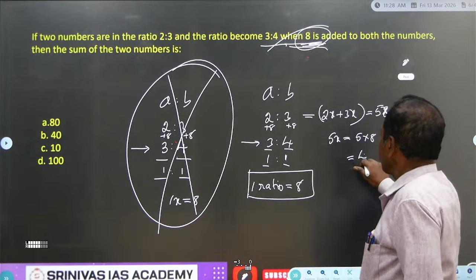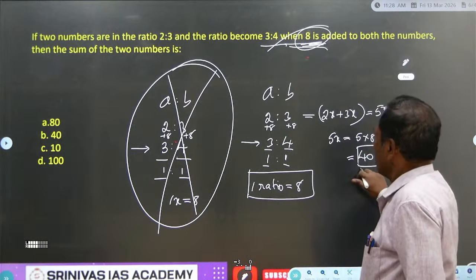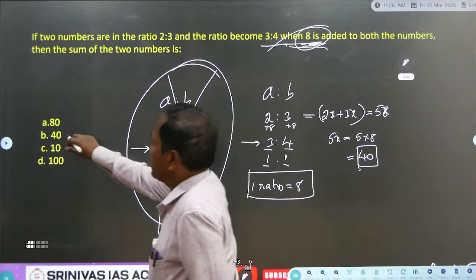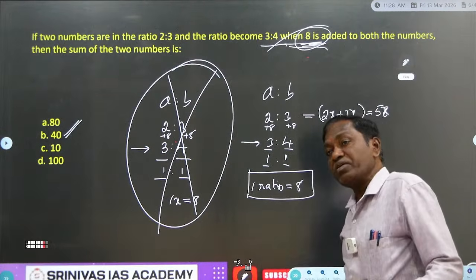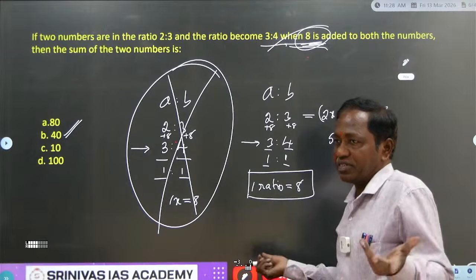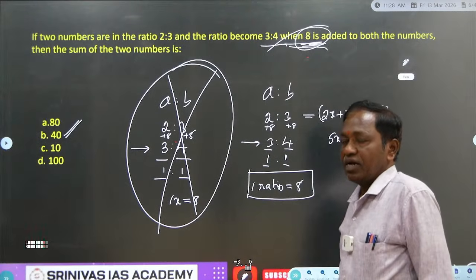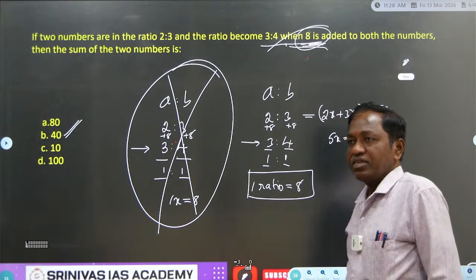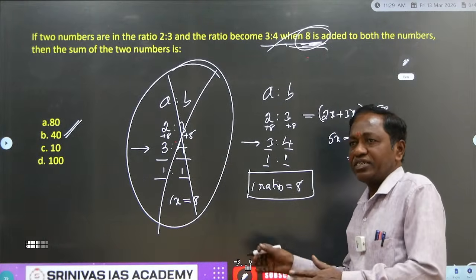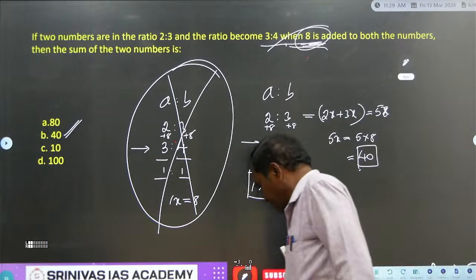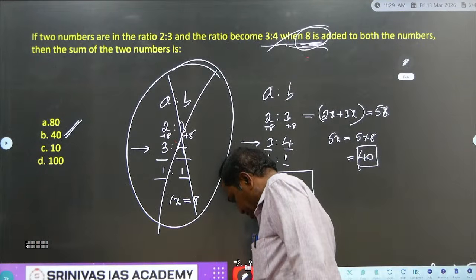That is option B. The sum of the numbers, or maybe the difference of the numbers, or the product of the numbers may be asked, or 50% of that number, or 30% of the sum of the numbers. It may be extended.